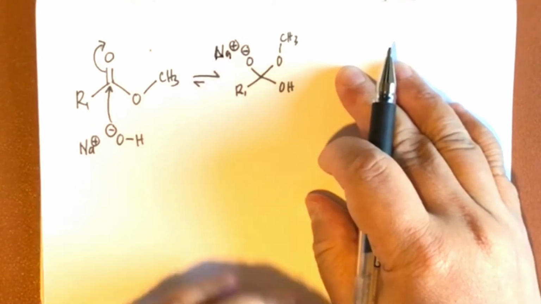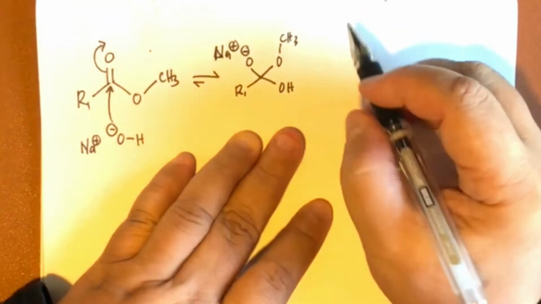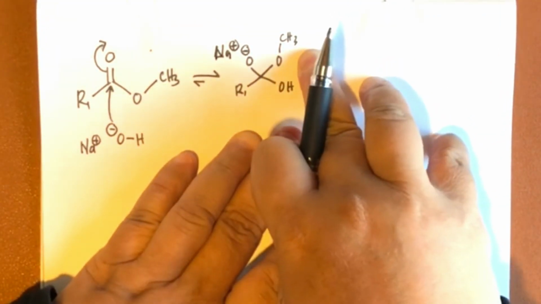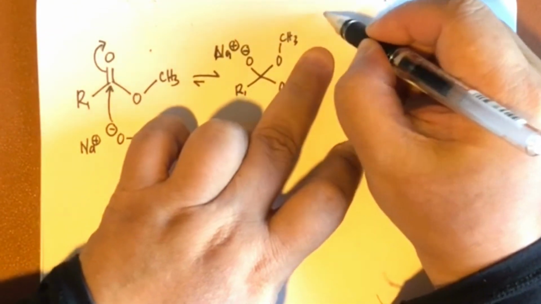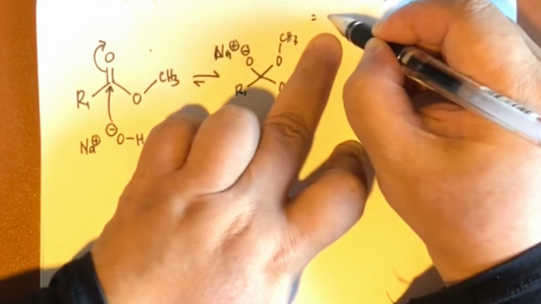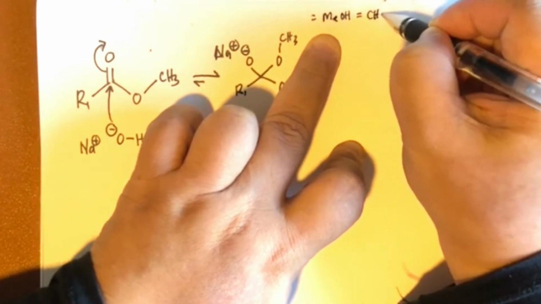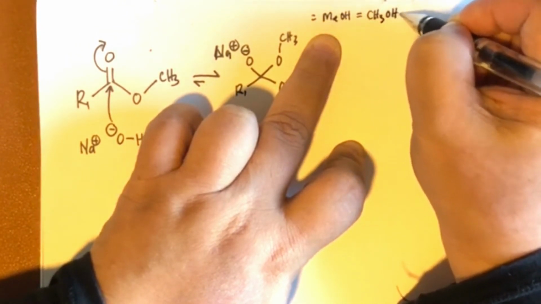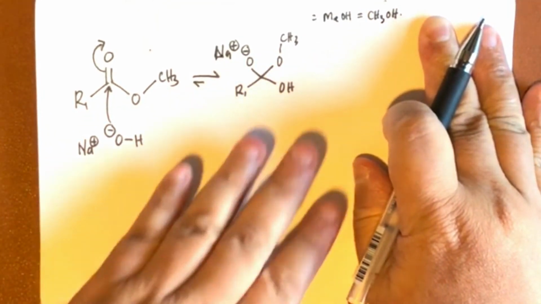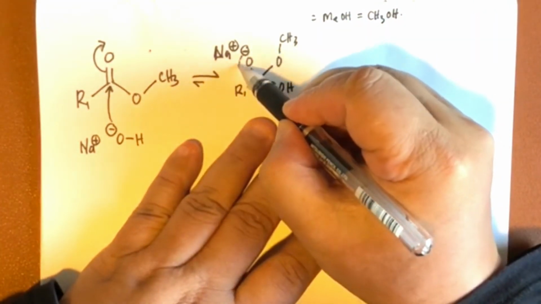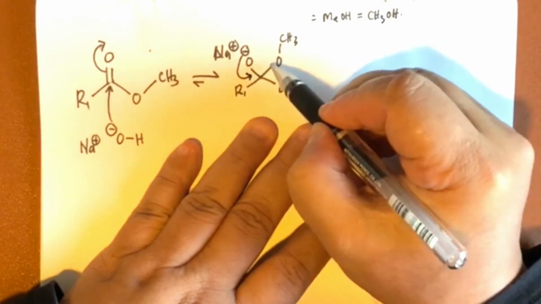Okay, right. Now, since this group looks like methanol, CH3OH. Okay, so what happens is that now this can go back to here. You can then leave.